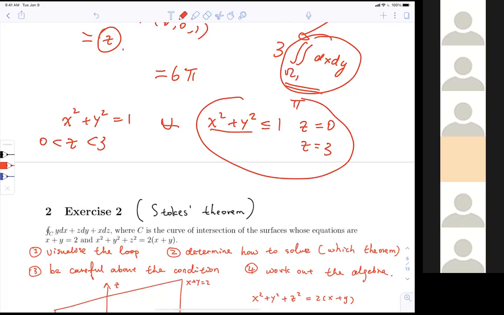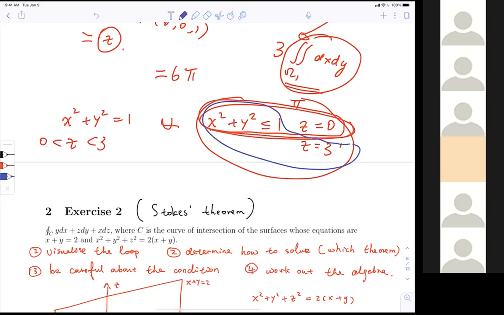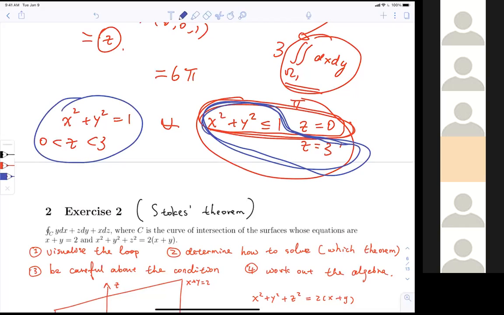So this one stands for the bottom disk. This one stands for the top disk. But this one only contains the cylinder mechanism.